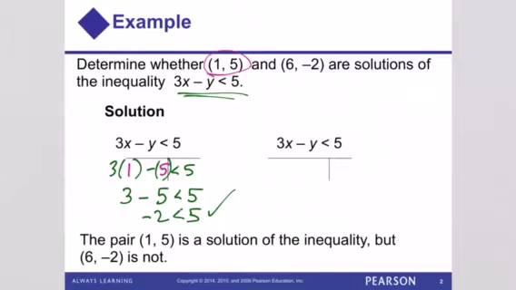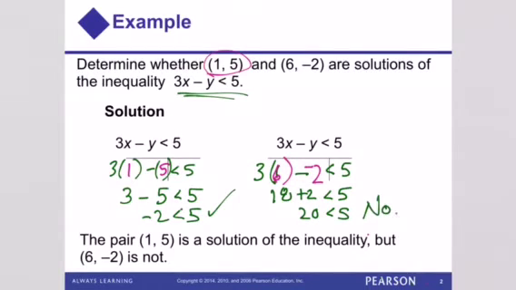Now let's try 6, negative 2. In the same equation, we put 6 in here for x, minus the y, which is negative 2, and that's supposed to be less than 5. Okay, so we get 6 times 3 is 18, plus 2 is 20, is less than 5?